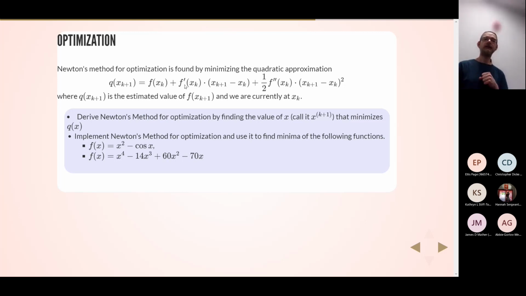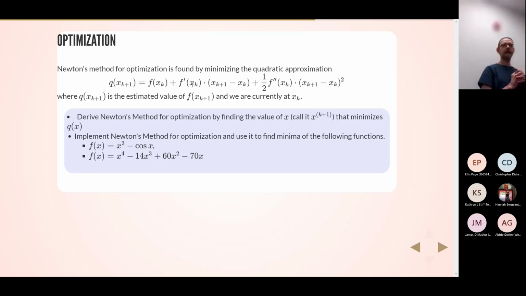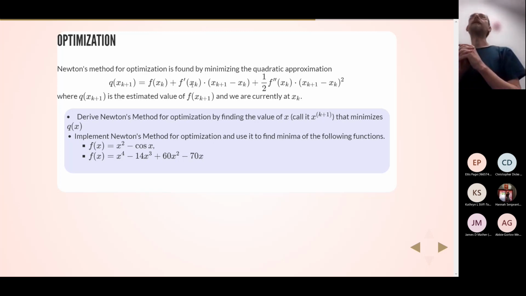What we're going to want to do in this case is set the derivative of the function equal to 0. We can do that in various ways. I suggest you have a little play around with that equation. If you try and figure it out for yourselves, what you should find is it looks exactly like the Newton root finding one, but instead of the function divided by the derivative, it's the derivative divided by the second derivative.